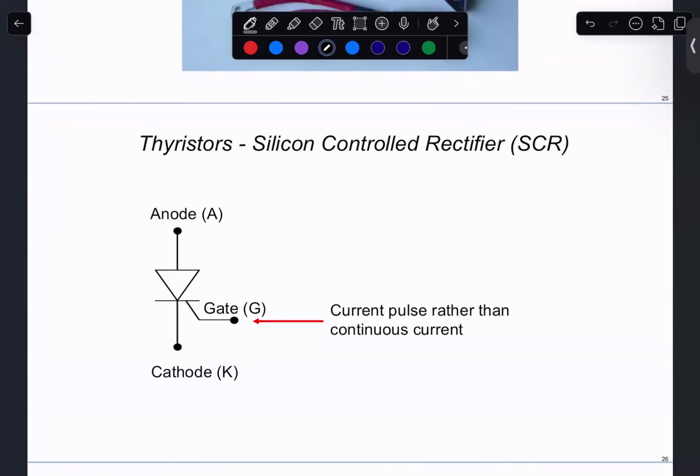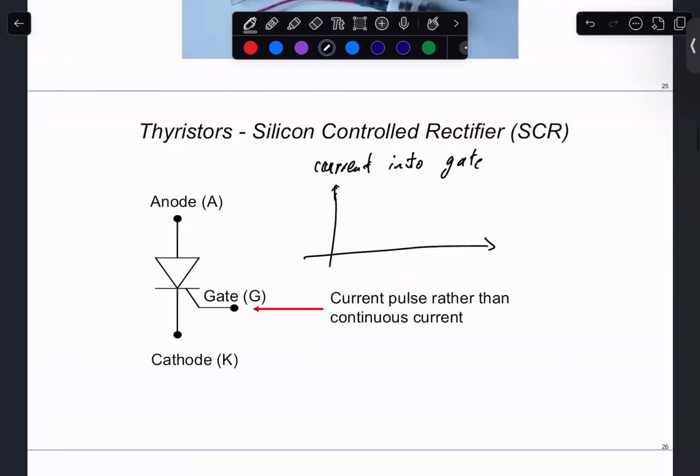If you look at the current into the gate, this is time t. Let's say at the beginning we have zero current, so this is off, not conducting. Then at some time we apply a narrow pulse of current, and afterwards the current returns to zero.